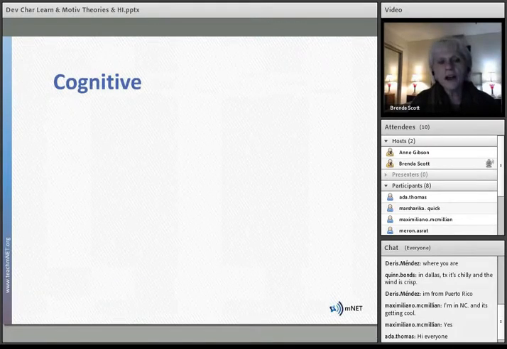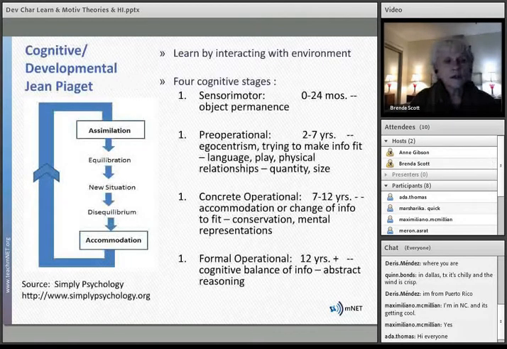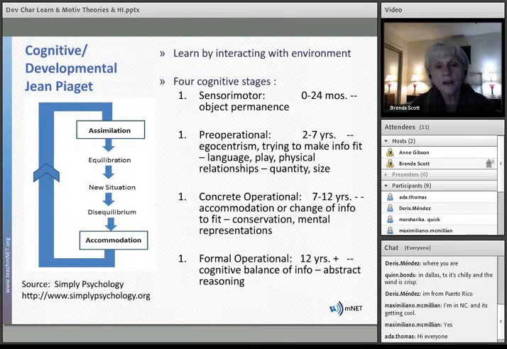Now let's look at the cognitive theorists. Probably the most well-known cognitive theorist, and I classified him as what we would call cognitive developmental, is Jean Piaget. And the reason I put developmental on there is Piaget had stages of learning, and I listed the 4 cognitive stages of learning for Piaget.